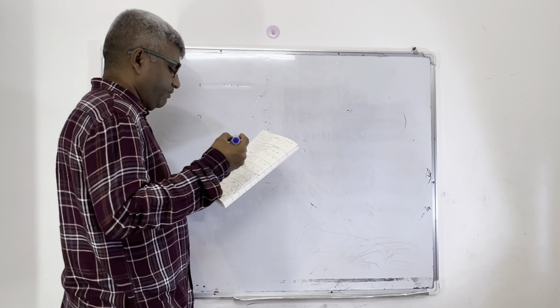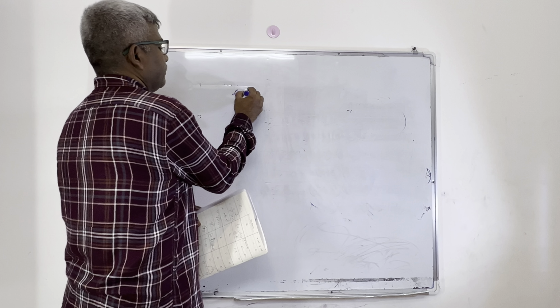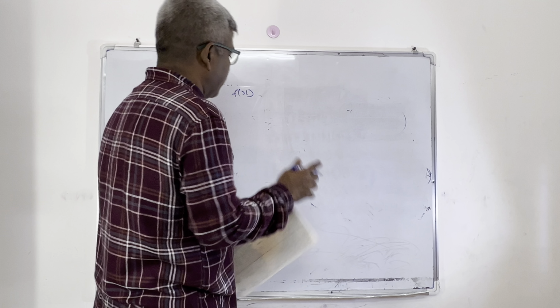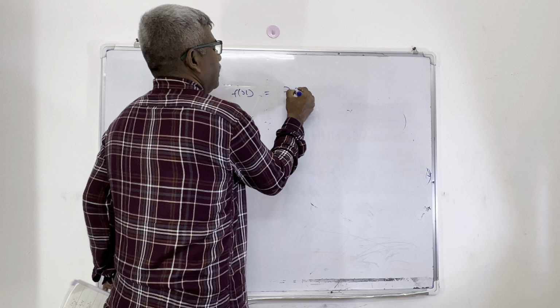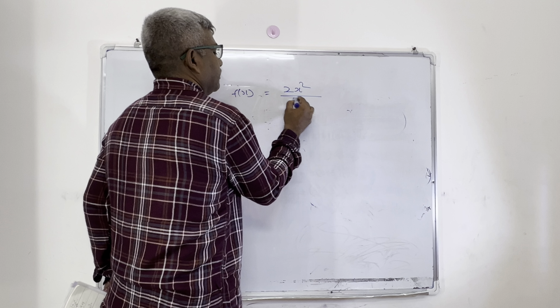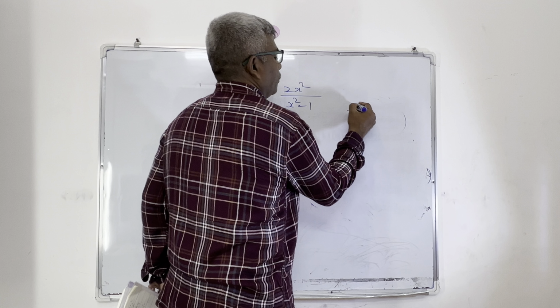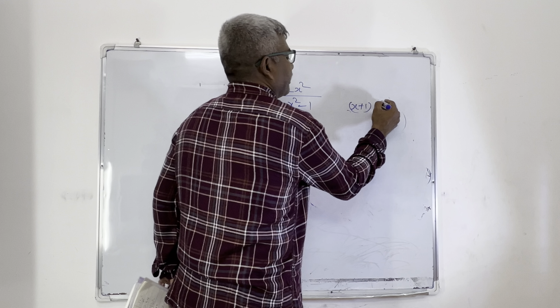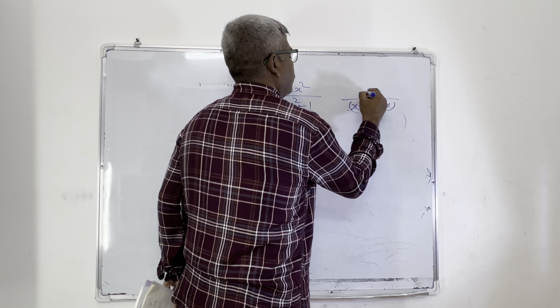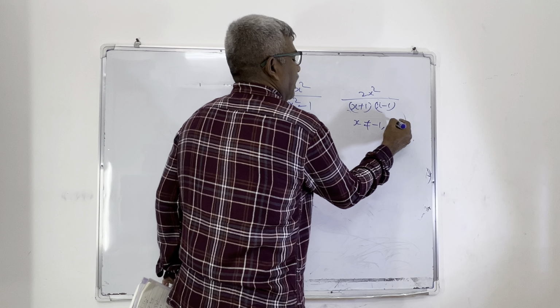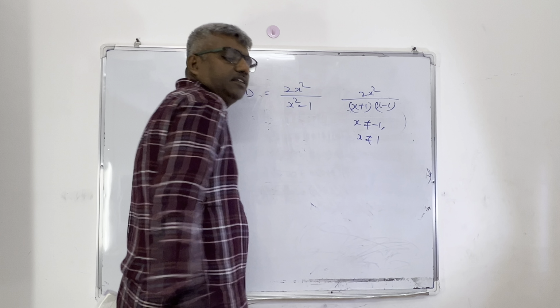Question number 5. F of x is 2x squared over x squared minus 1. Denominator, you can factorize: x plus 1, x minus 1. So x is not equal to minus 1 and x is not equal to 1.